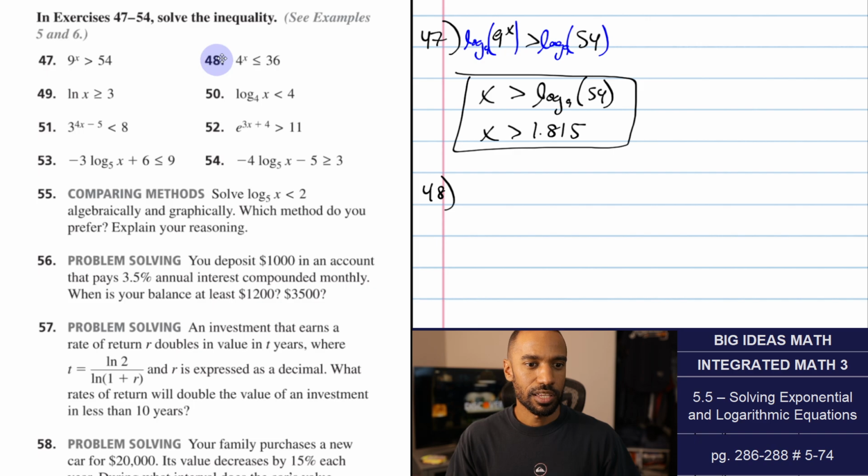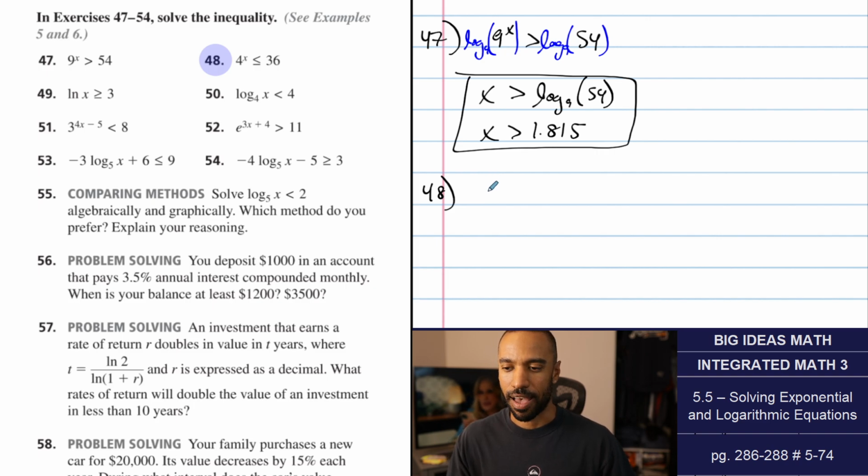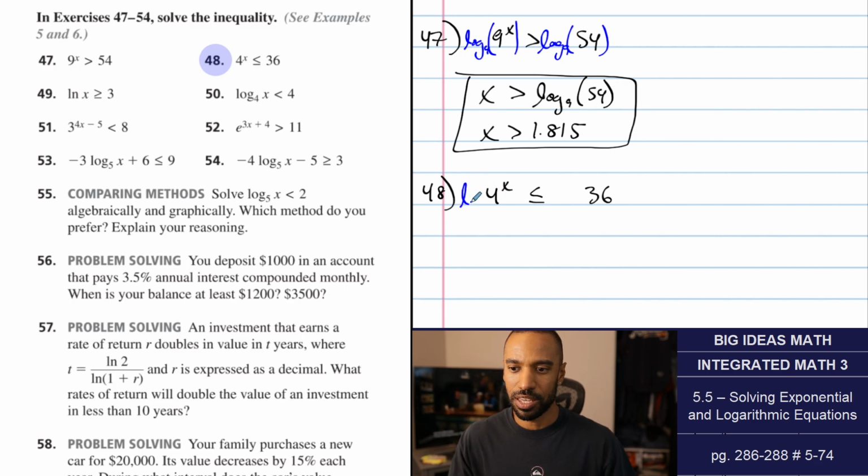Number 48 is 4 to the x power equals 36. I'm inclined with both of these numbers because they have factors of 4 to do extra work on these to work it down in a smaller log case, but because we're using log base 4 of these, I think we're good.